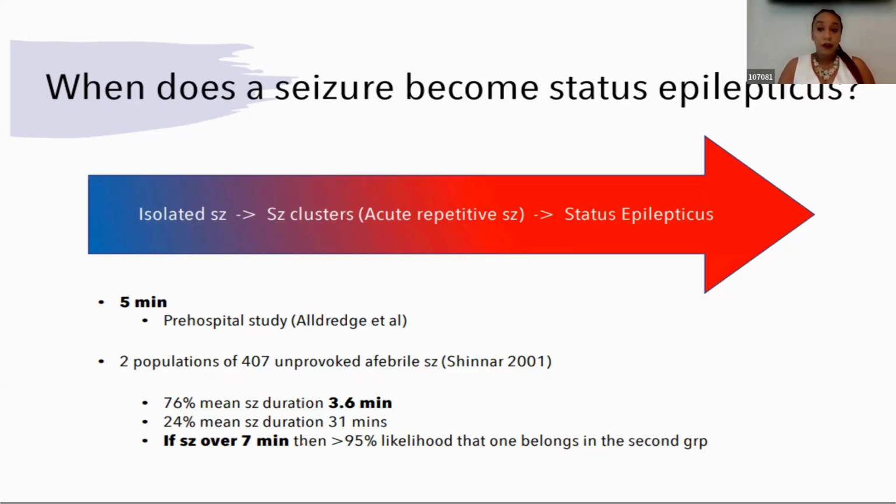In 76% of them, the seizures aborted on their own at 3.6 minutes, so before that 5-minute mark. The other 24% went on to 31 minutes or so before aborting. So now we know that if a seizure goes past the 7-minute mark, there's a greater than 95% chance that it will go on longer than 30 minutes. So early intervention is key.